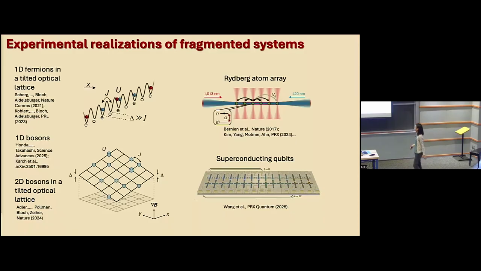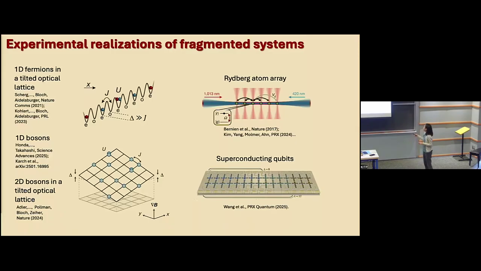And I believe Emanuel will mention some of this beautiful work as well tomorrow in his talk. So besides 1D fermions, there's also 1D bosons, both in Munich and also in the Takahashi group. Recently, this was extended to a 2-dimensional system, which is very exciting, where they were able to observe fractons, also in Munich.